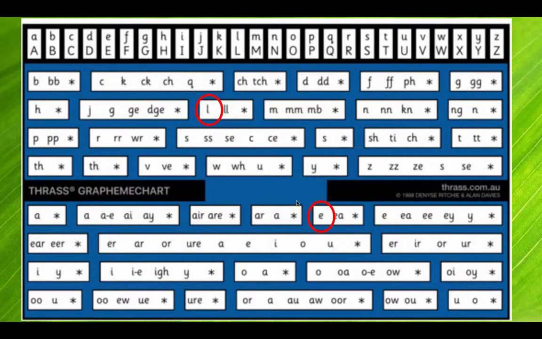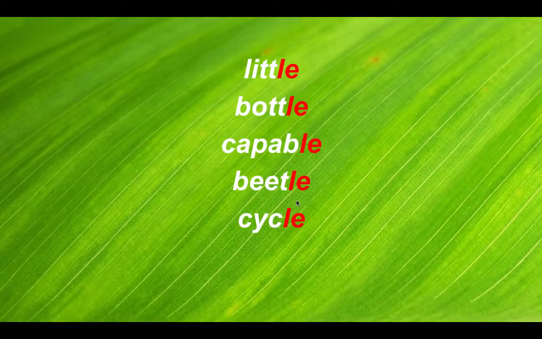We can make ul. Example words might be words like little, bottle, capable, beetle, and cycle. And there are many, many more examples.